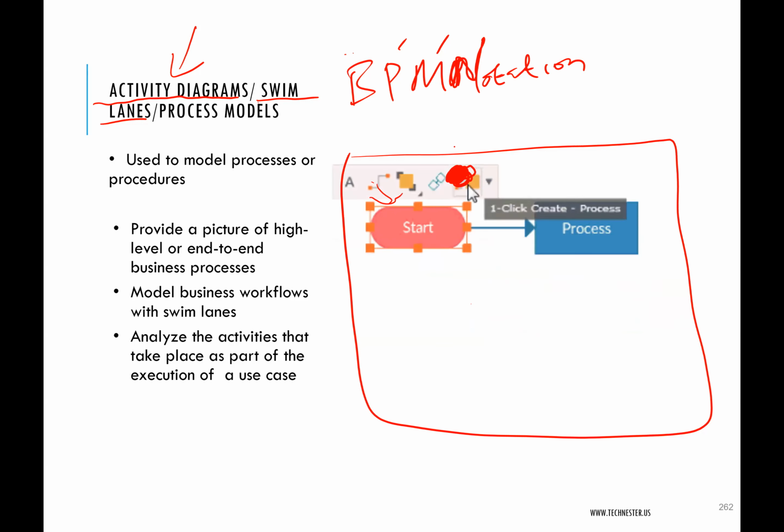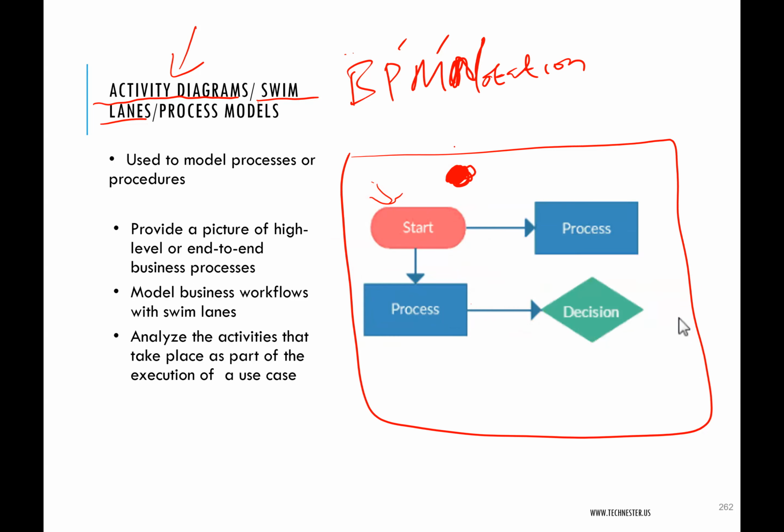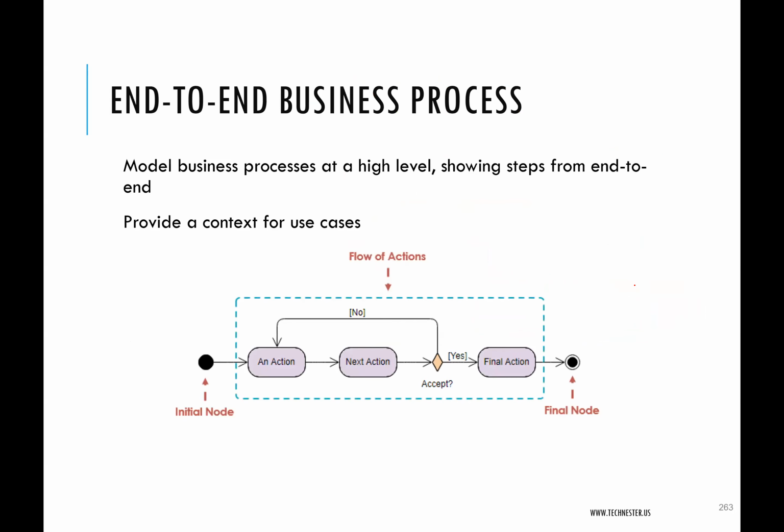So you don't need to bother yourself. As long as you know how to model, you'll be able to use any one. So let's look at activity diagram. In fact, I may show you activity diagram and decide to model using BPMN just on the tool, or decide to model using swim lanes. But for the sake of the lecture, let me show you activity diagram.